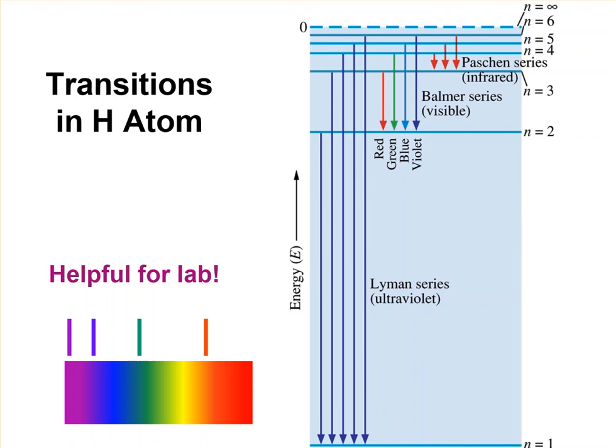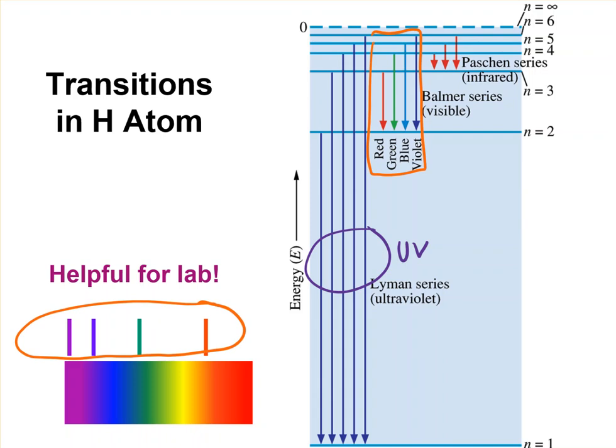So notice that all transitions that end at n equals 1, this series here, all fall in the UV range. The photons they release are all in the UV range. These, the Balmer series we call, are the 4 visible wavelengths of light that we'll observe in the lab. So the ones that fall in the visible range all end at n equals 2.